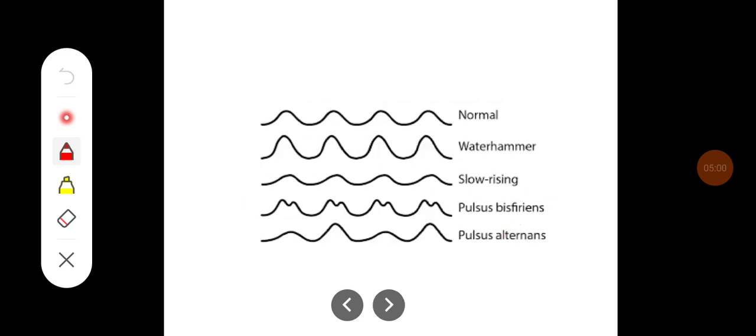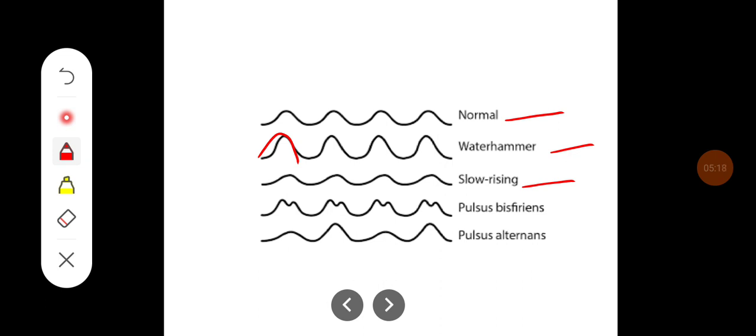Different types of pulse: you can see here the normal and the water hammer pulse, which has a sudden upstroke and downstroke, seen in aortic regurgitation. Slow rising pulse is commonly seen in aortic stenosis.